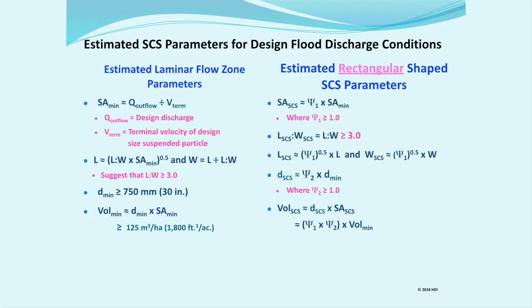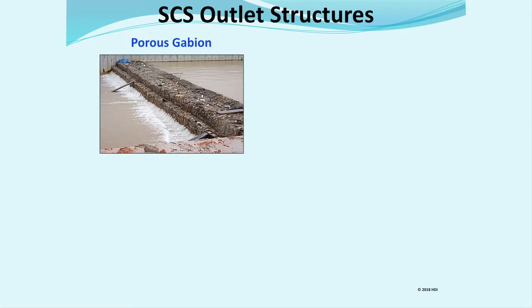Basically, you have to start using your expertise on how you figure out what some constants are going to be to fill in the stuff beyond the actual laminar flow sections. There's a whole bunch of goodies in here to deal with, about your outlet structures. On your outlet structures, maybe you like gabions. They work for holding water back, which is good, but it also lets a lot of water go through, which can be bad.